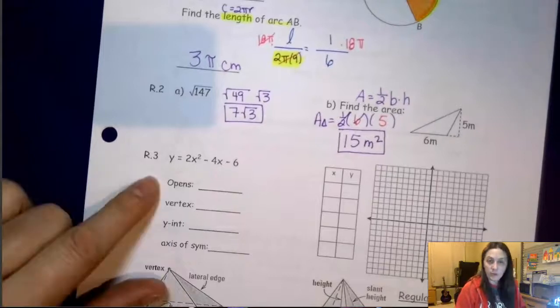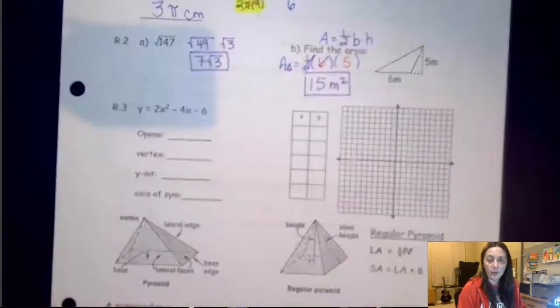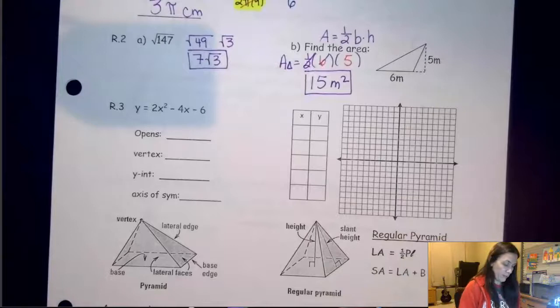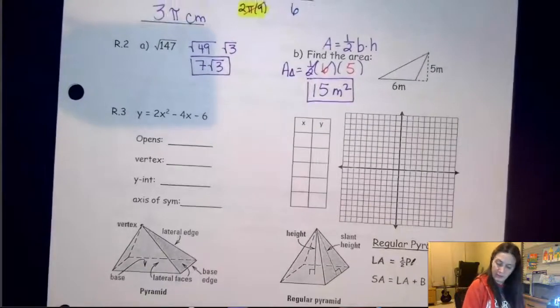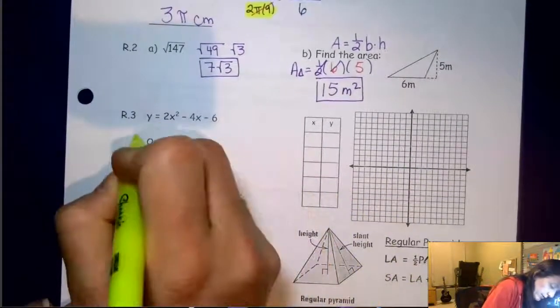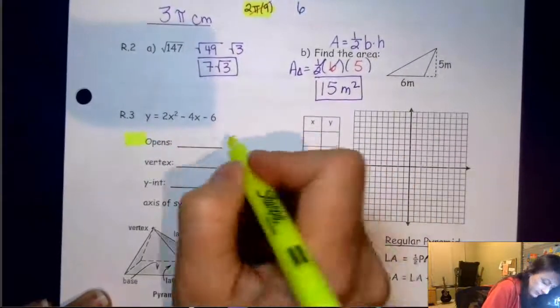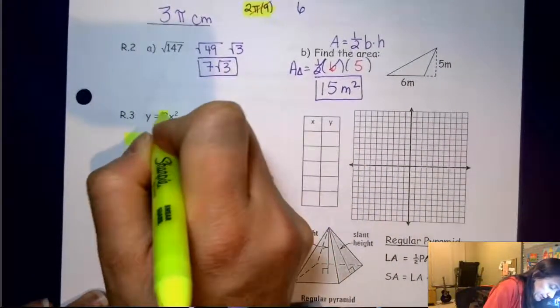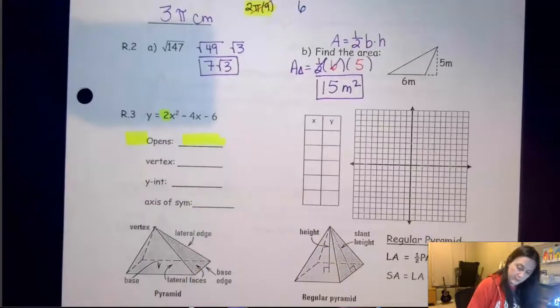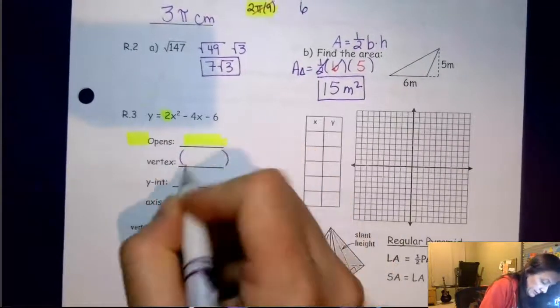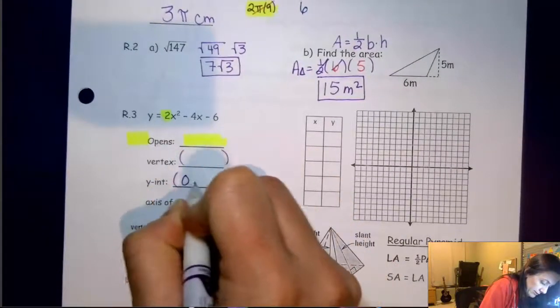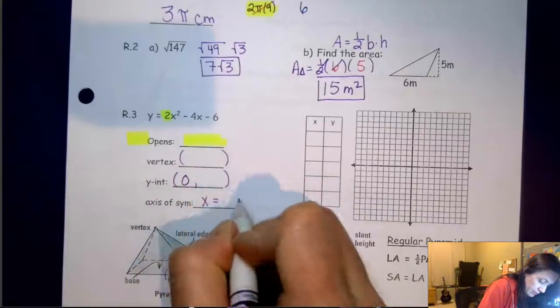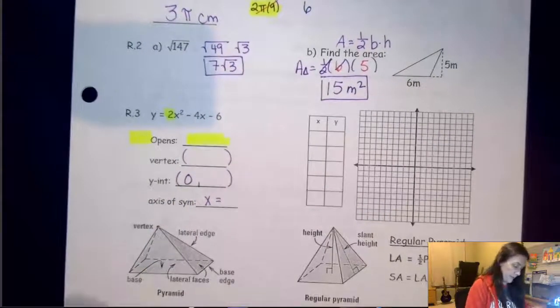Okay, we're going to do another review problem of the parabola. I'm going to set up my highlighting for you because I like that. Remember, based on that, my vertex, my y-intercept where x is 0, my axis of symmetry, x equals.